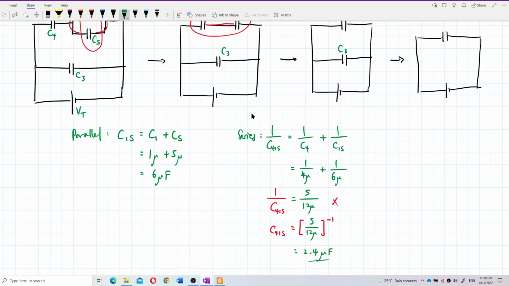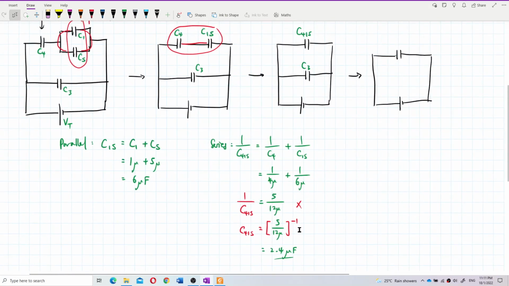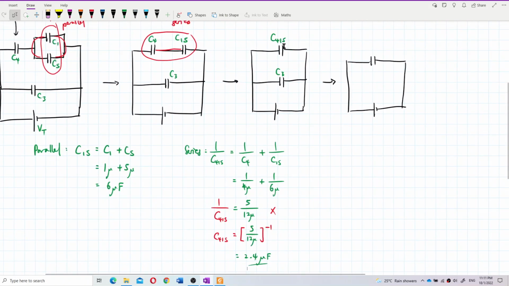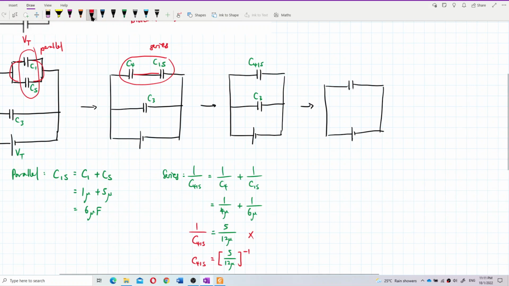That is C415. Now these two are parallel because both legs are connected.